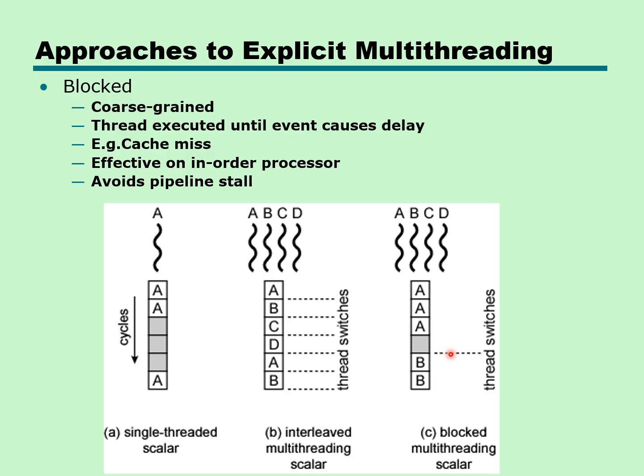So not every clock cycle has a thread switch. Only when a particular thread is blocked, the other thread will be switched in and executed. So you can avoid pipeline stalls, you can reduce the number of thread switches, and there is also concurrent execution of all threads.